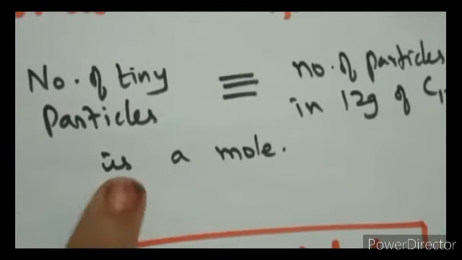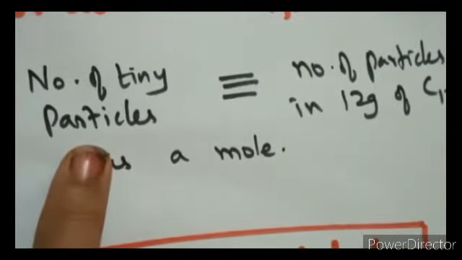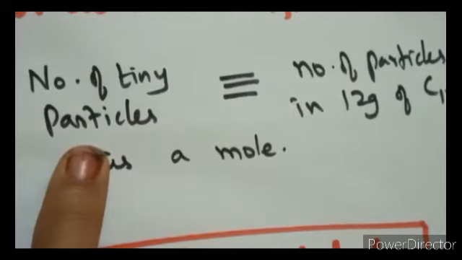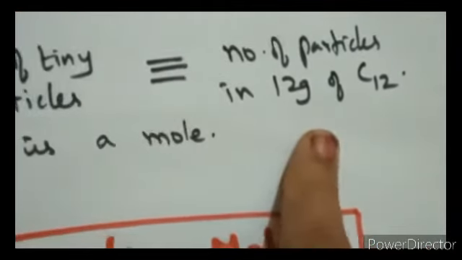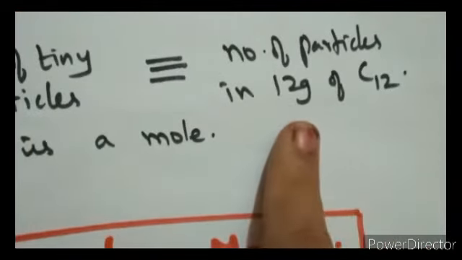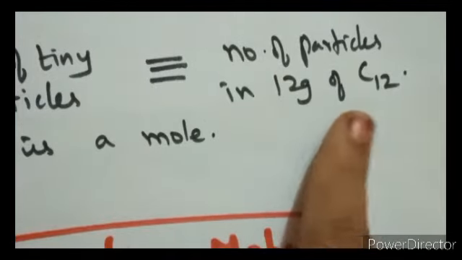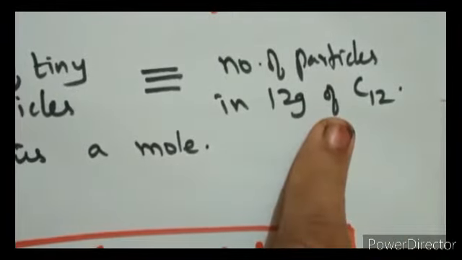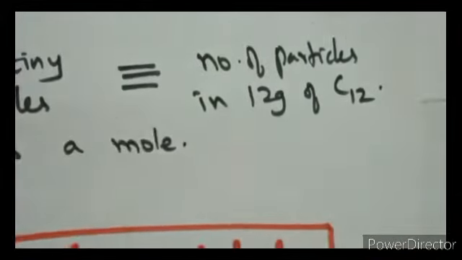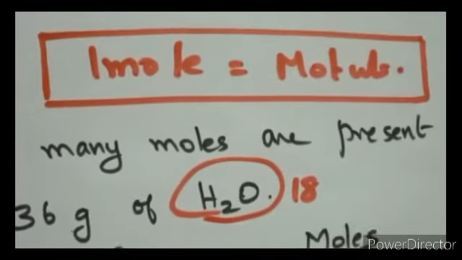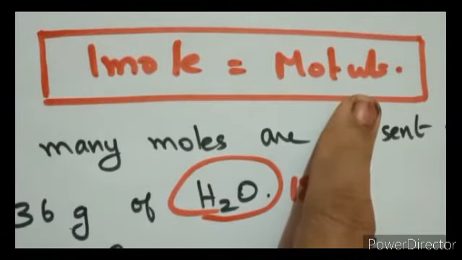The mole is the number of tiny particles. Here the standard is 12 grams of carbon 12, which is 1 mole. The number of particles in 12 grams of carbon 12, that is a mole. And if any substance has the weight equivalent to this, it can be called a mole. So 1 mole is nothing but the molecular weight of a substance in grams.